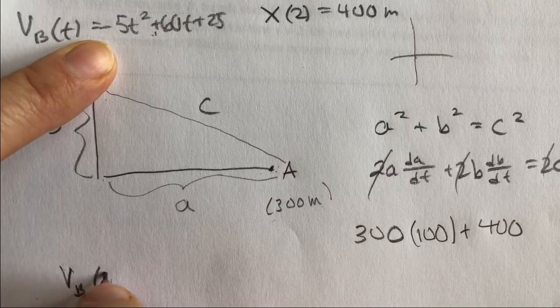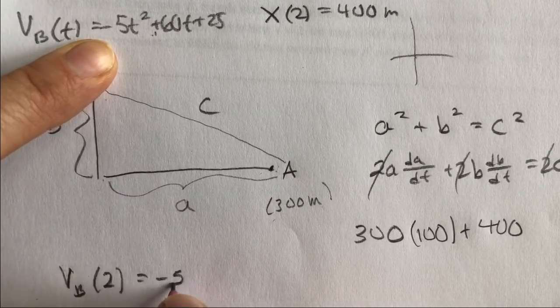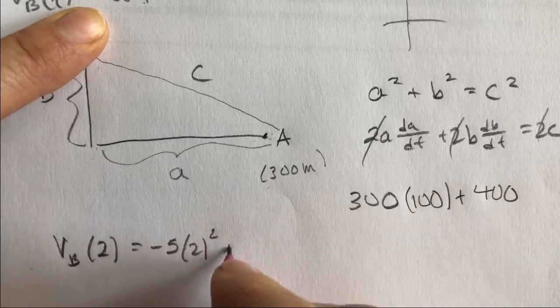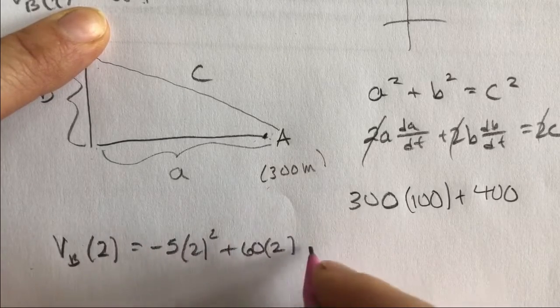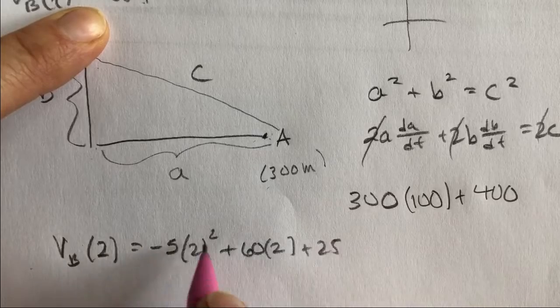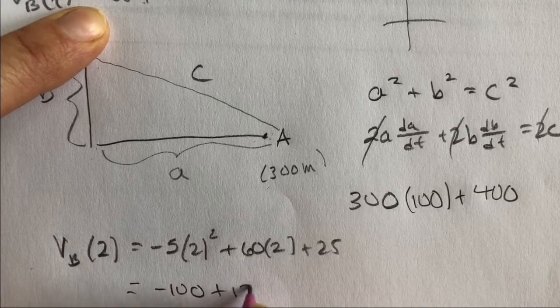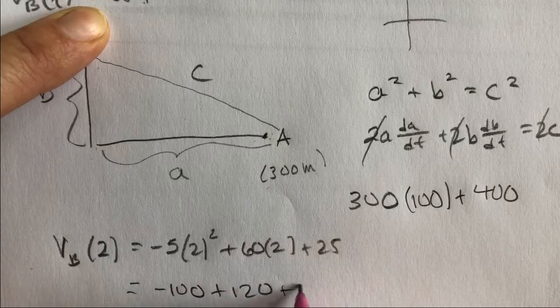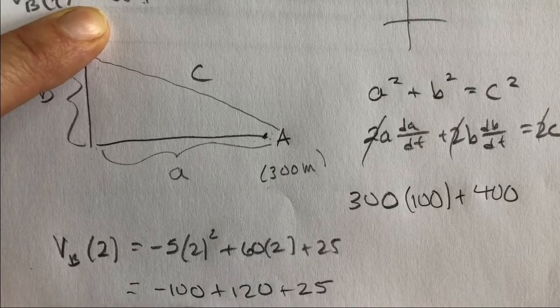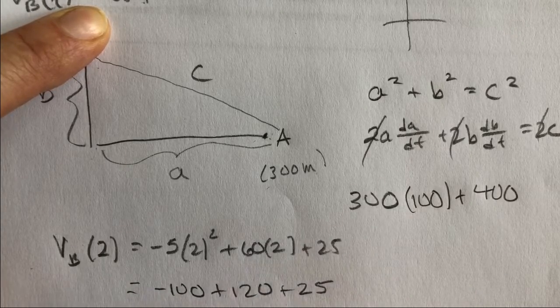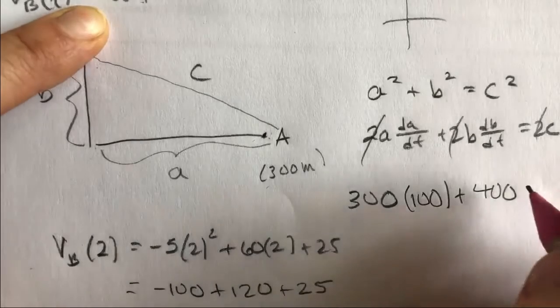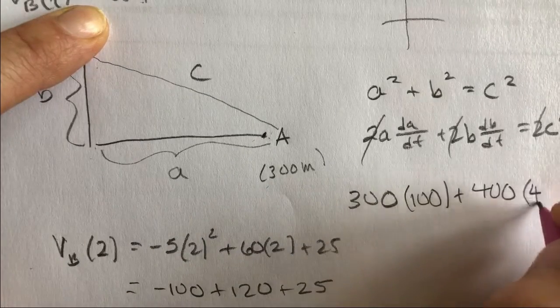So the velocity at time 2 is -5 times 2 squared plus 60 times 2 plus 25. 2 squared is 4, so that would be -100 plus 120 plus 25. So this would be 20 and 25, that's 45 meters per minute. So that's what I put in for B.